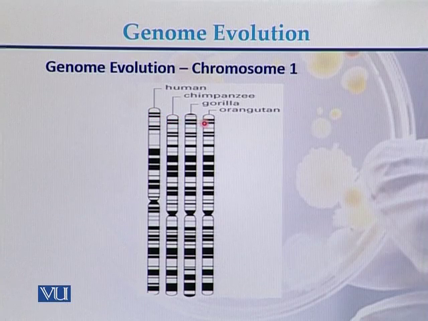Here there is a similarity, here there is another similarity, and the same towards the centromere, where the chromosomes are similar to each other.